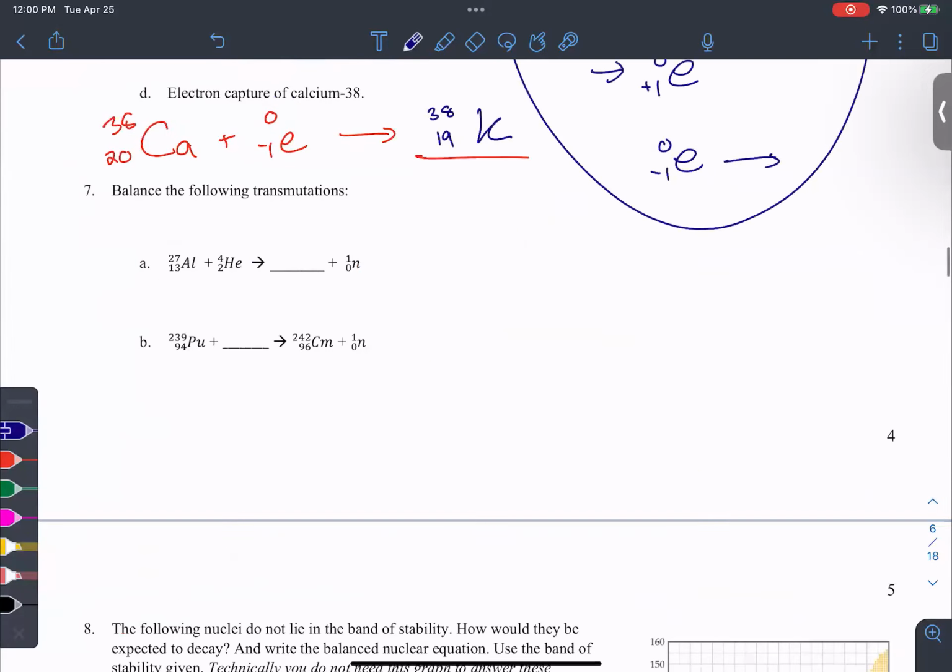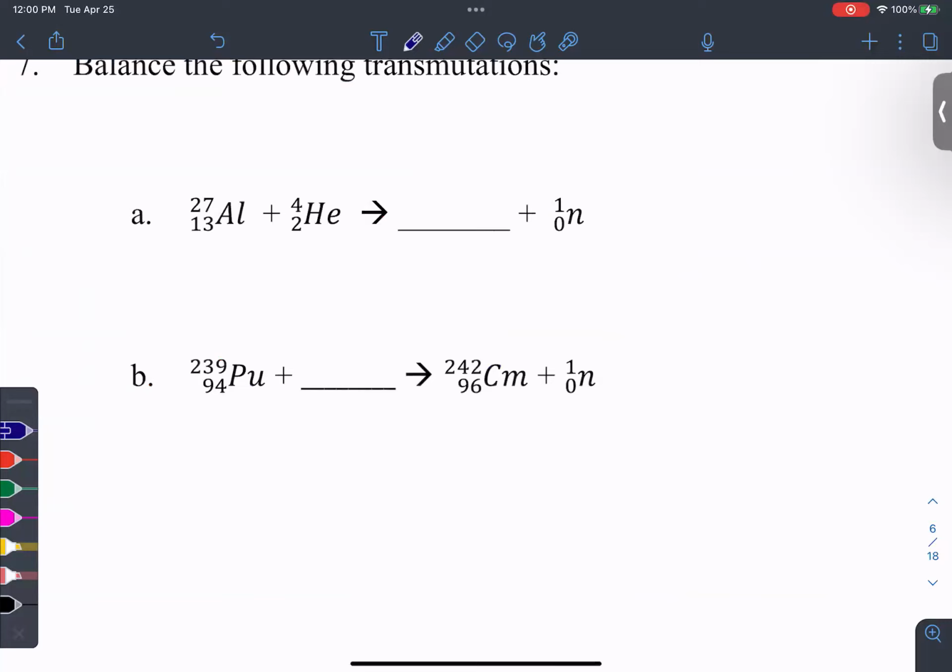All right, let's balance these transmutations. It works the exact same way. Balance mass numbers and protons, find the missing piece. So for this one, I like to just sum up both sides. We have a total of 31 mass number, 15 protons, and then you just make sure the sum of the product side matches that.